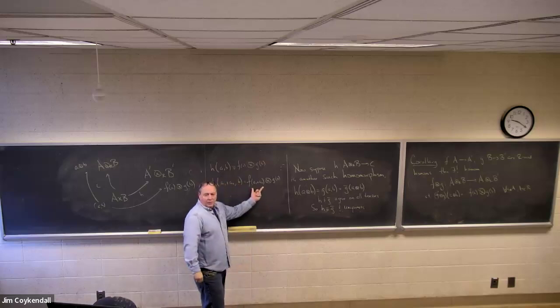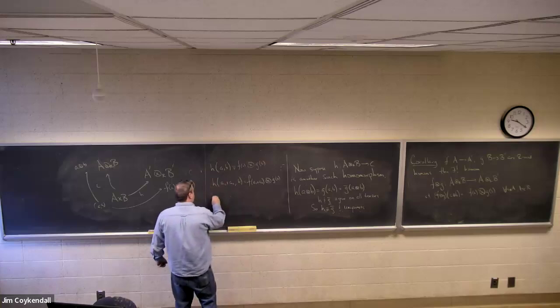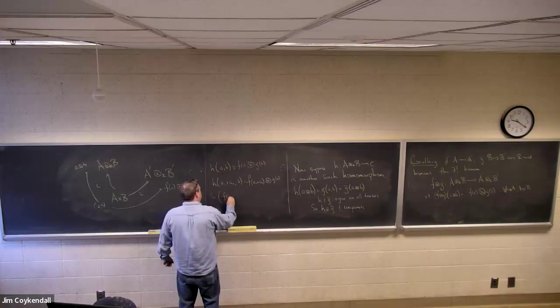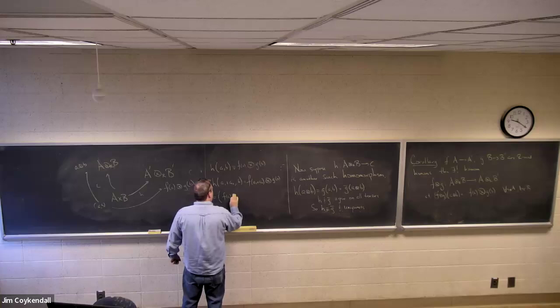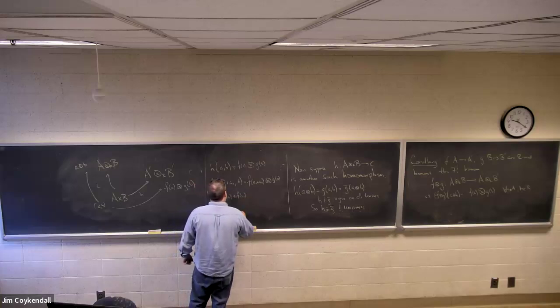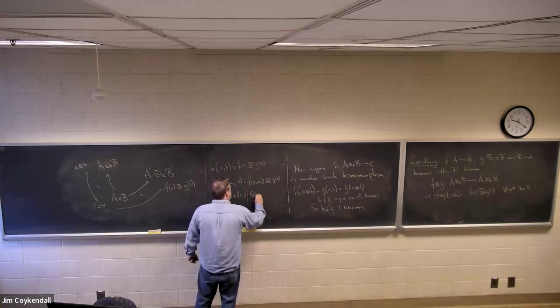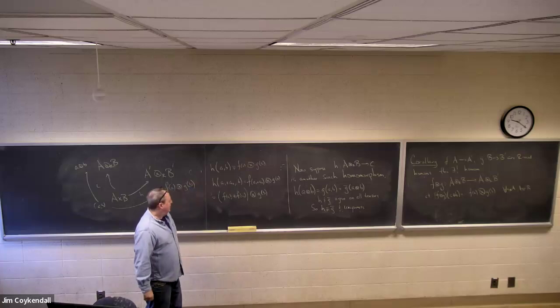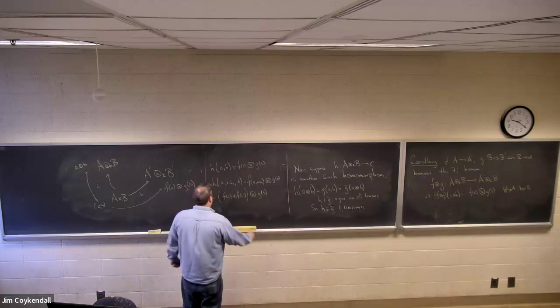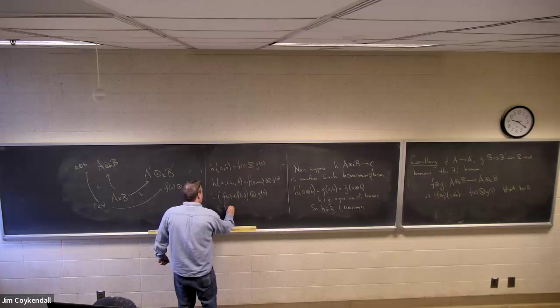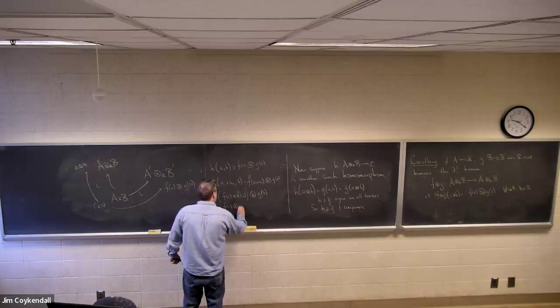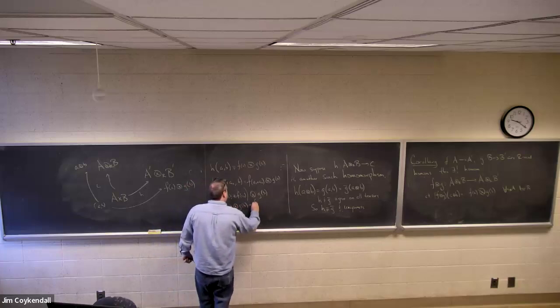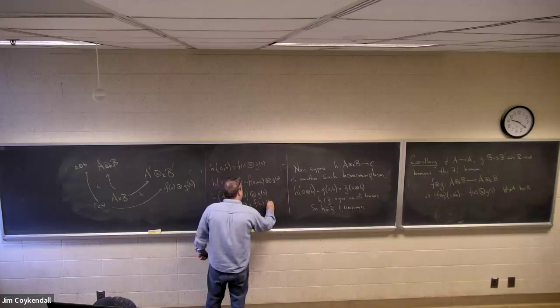And of course, F was an abelian group homomorphism, so I can strip that out. Now I can distribute the tensor. This is F of A1 tensor GB plus F of A2 tensor GB.